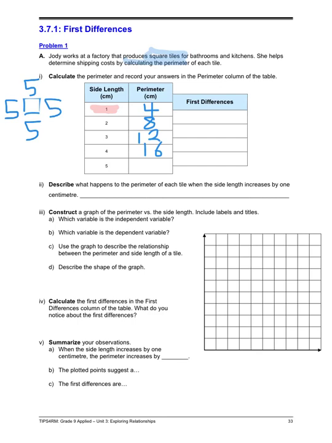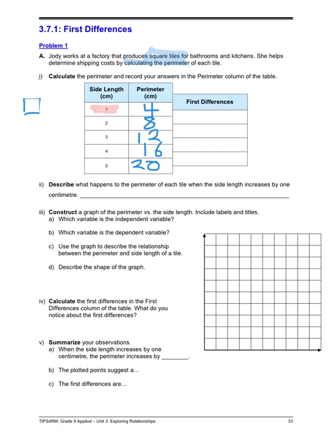There's our measurements, giving us a perimeter of 20 centimeters. Alright, so we've completed our table of values here, which means that we now know what our perimeter for each of the different square tiles will be.